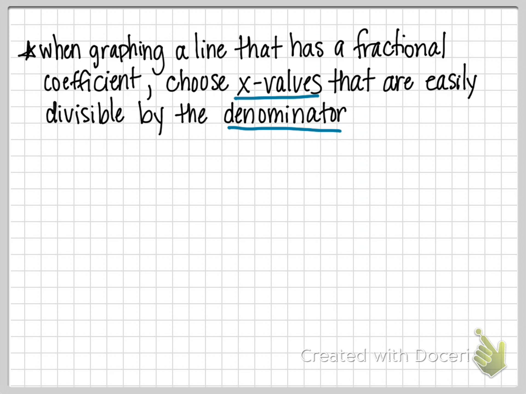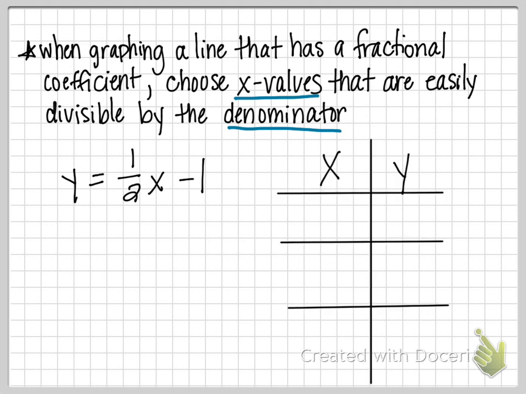So in order to help us work with fractions easily, we want to choose for our x values numbers that are easily divisible by the denominator of that fraction. For example, if you're given this linear function, y equals 1/2 x minus 1, when you make your function table, you want to choose x values that are easily divisible by this denominator of 2.